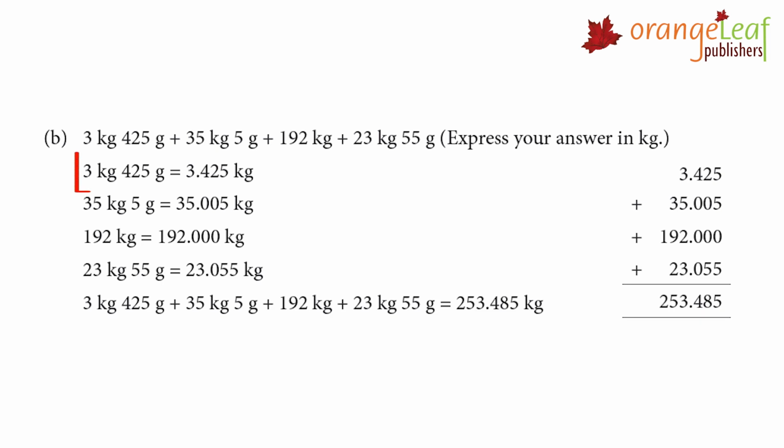So 3 kg 425 grams becomes 3.425 kg. 35 kg 5 grams becomes 35.005 kg. 192 kg remains the same. 23 kg 55 grams becomes 23.055 kilograms. On adding all the values, we get the answer as 253.485 kilograms.